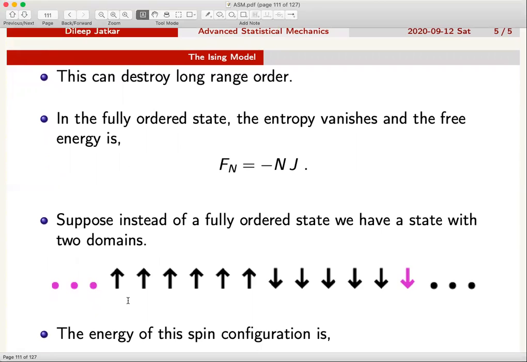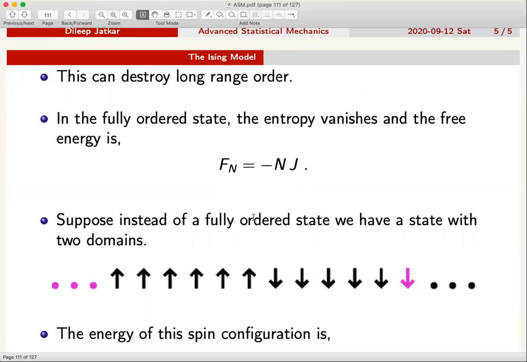So this is a setup which we would call domains. Why? Because there is a domain of all spins pointing up. In the thermodynamic limit, this is a semi-infinite domain, and this is a semi-infinite domain with all spins pointing down. Now we want to ask, what is the energy of this configuration?